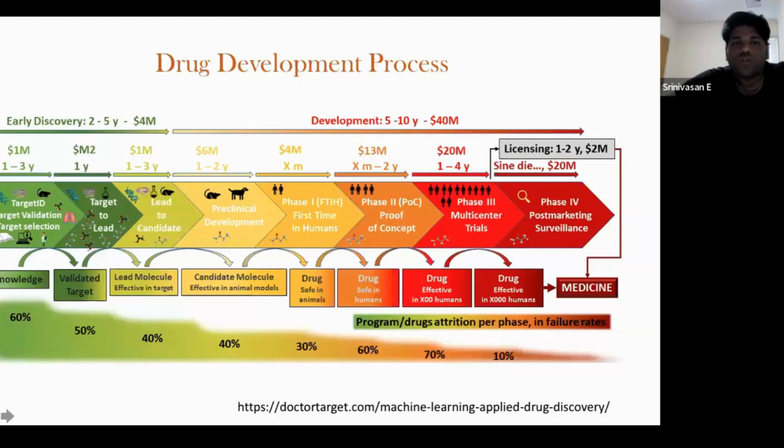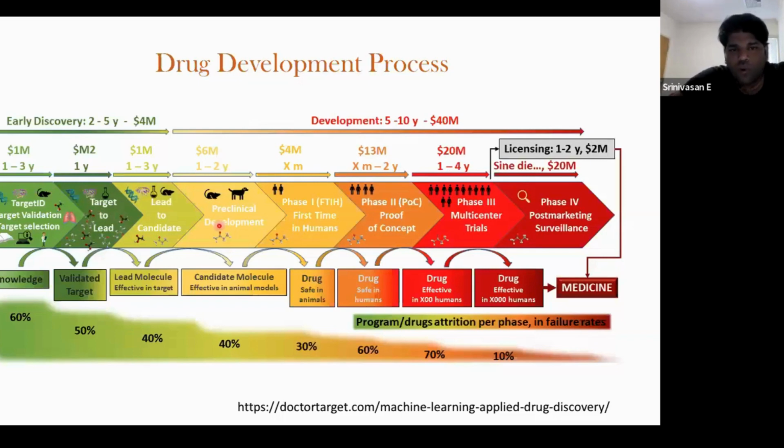Let me use a pointer here. All these three processes are very crucial. They are done using computational techniques, and 70 to 80% of the industry uses computational techniques to identify the lead or candidate molecules.